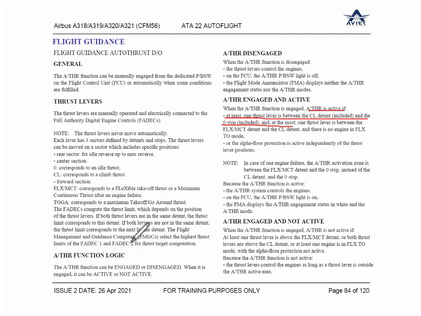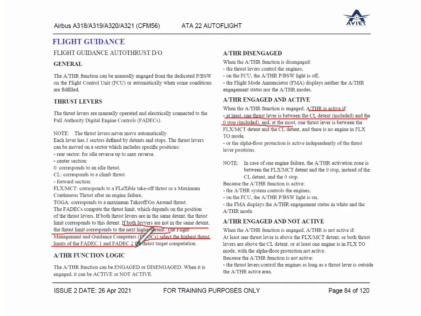You read it. If both the levers are not in the same detent, the thrust limit corresponds to the next higher lever detent. FMGC selects the highest thrust limit of FADEC 1 and FADEC 2. Clear?